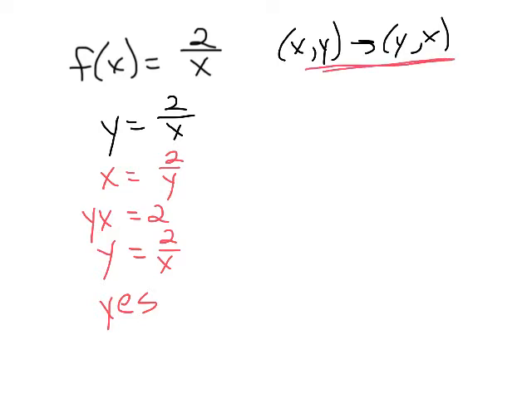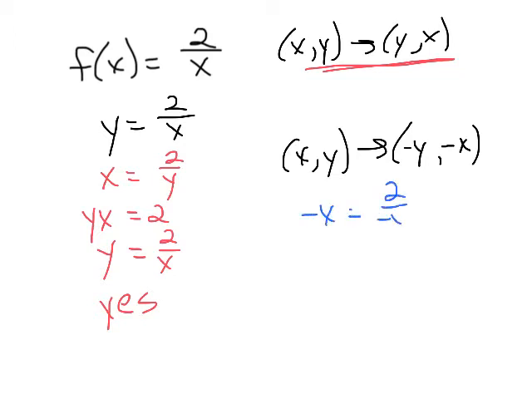Now we can try the same thing with y equals negative x. My rule is (negative y, negative x). So when I substitute things in, I get negative x is equal to 2 over negative y, and you're almost back to the same thing because your negatives will reduce down.